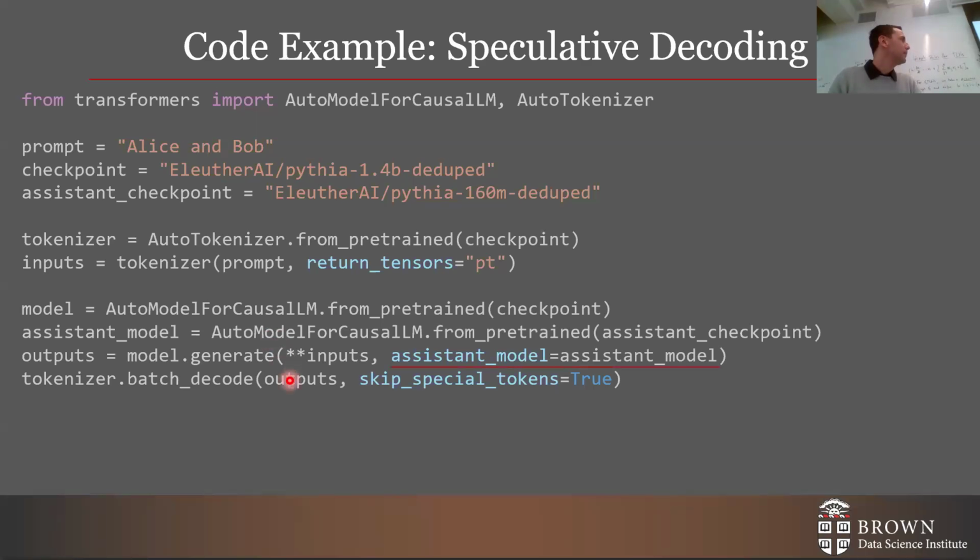And yeah, super simple. When you use transformers, you can just give an assistant model and it will do the drafting and use it as a draft model. All right. So yeah, 2 to 3 times faster.